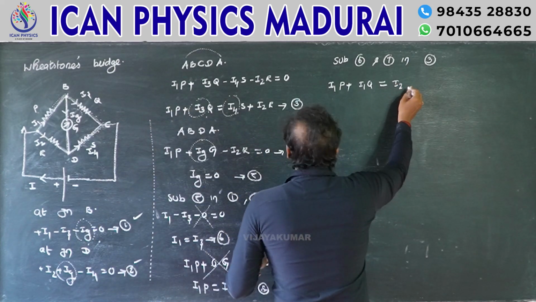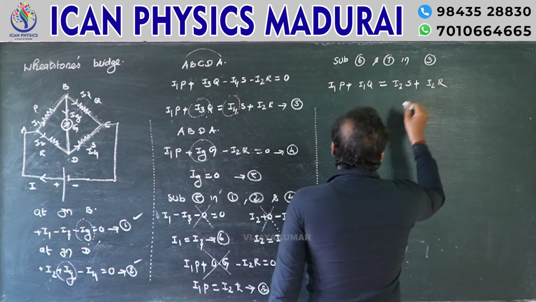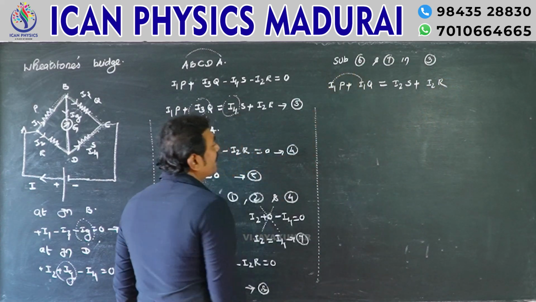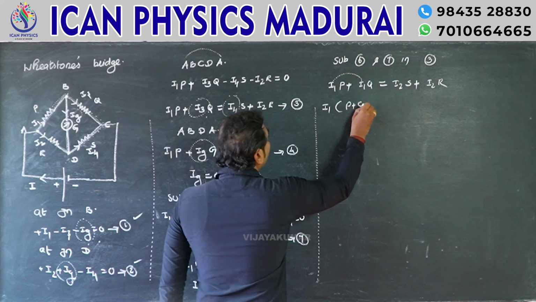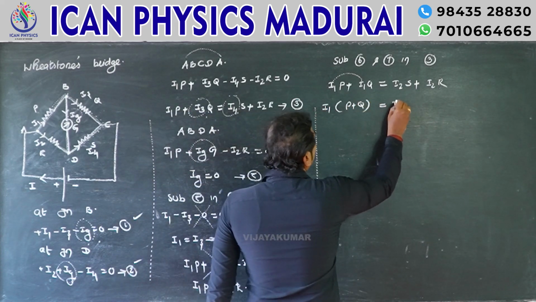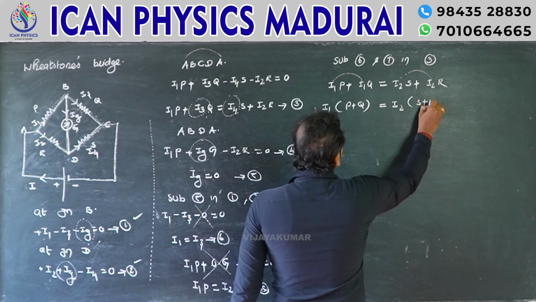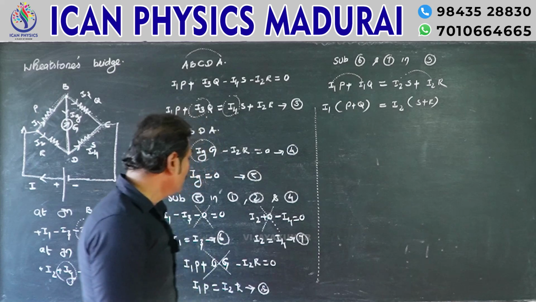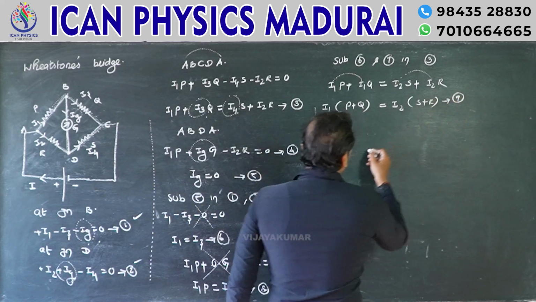So I2S plus I2R. In both terms, I1 is common. So I1 into P plus Q equal to, here I2 is common, I2 into S plus R. Already we have given the name 8, so now it can be taken as equation number 9.